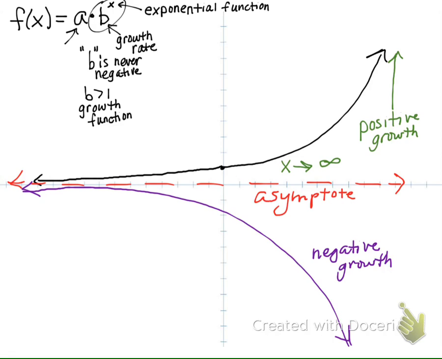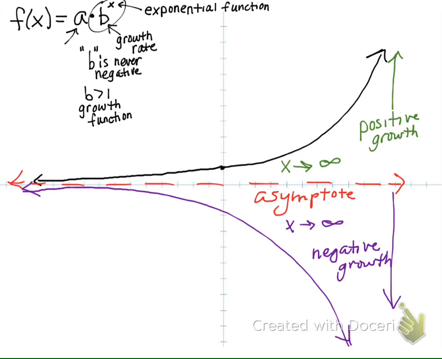As x is approaching infinity, we still have the y values getting farther and farther away from the x-axis. It's just that they're moving in a negative direction away from the x-axis. But these are both growth functions. So what would make the difference is the a value.